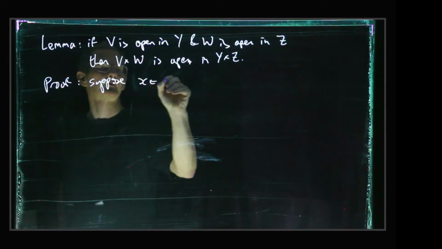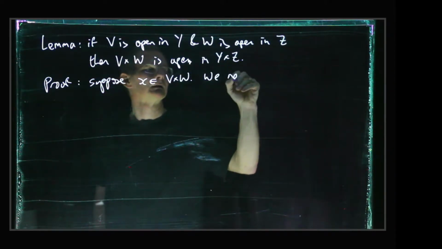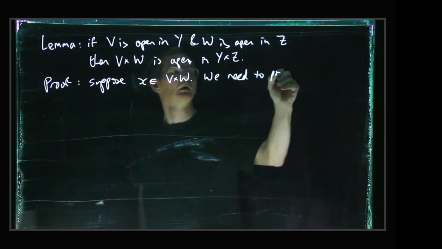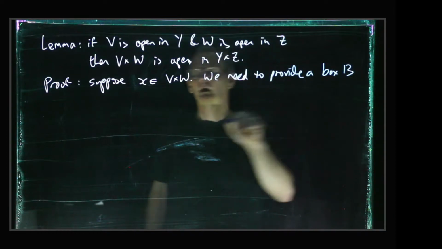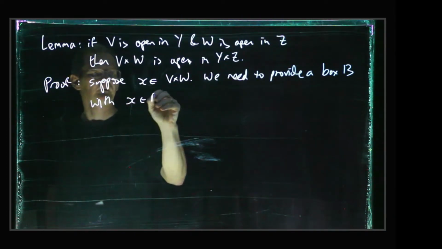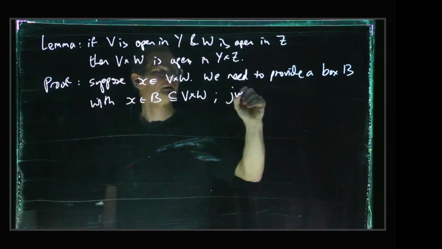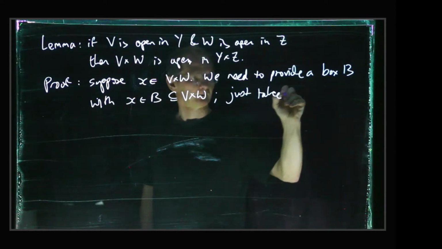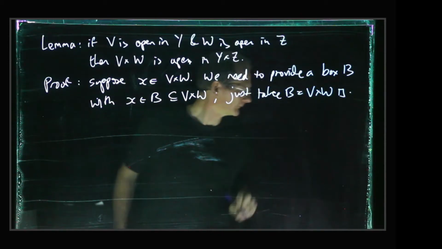Suppose X is in V cross W. We need to provide a box B with X in B and B contained in V cross W. But we just take B to be equal to V cross W. Okay, there's nothing really to do.